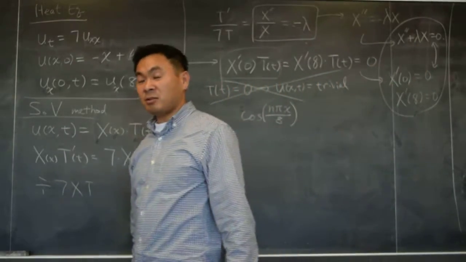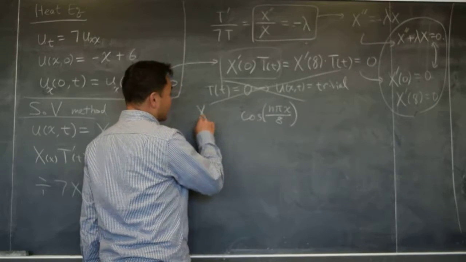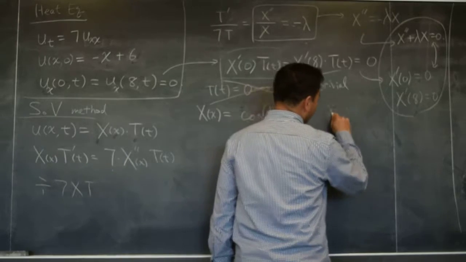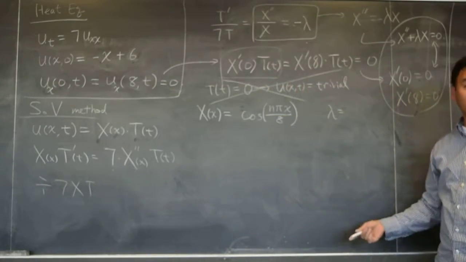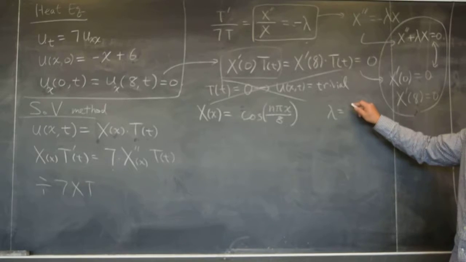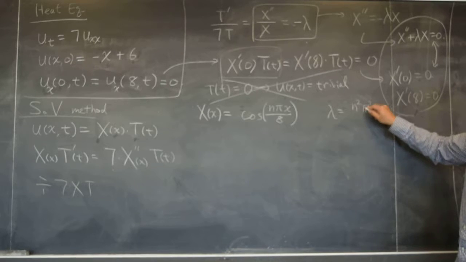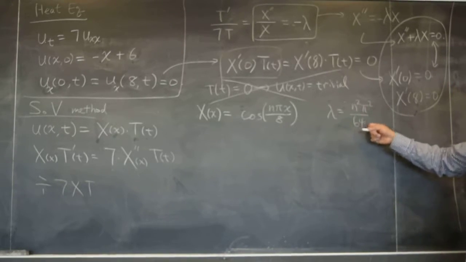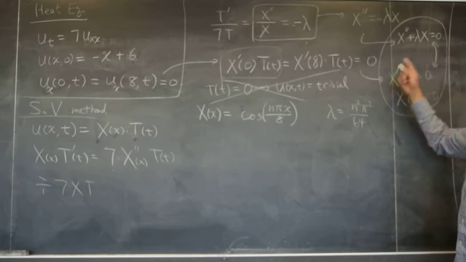and we also know that if you plug it into here, what should lambda be? So your X of x should be this one. What's your lambda? If you differentiate this twice, what do you get? N squared pi squared over 64, right? With a minus sign. But if you let this be the plus one, and when you plug it in here, you get 0.